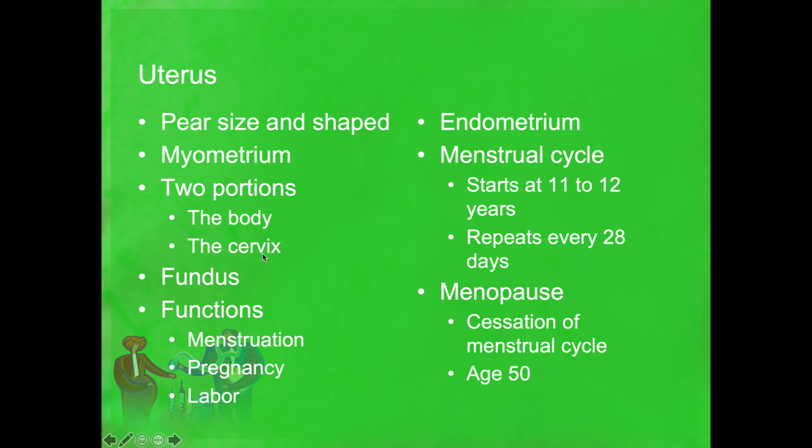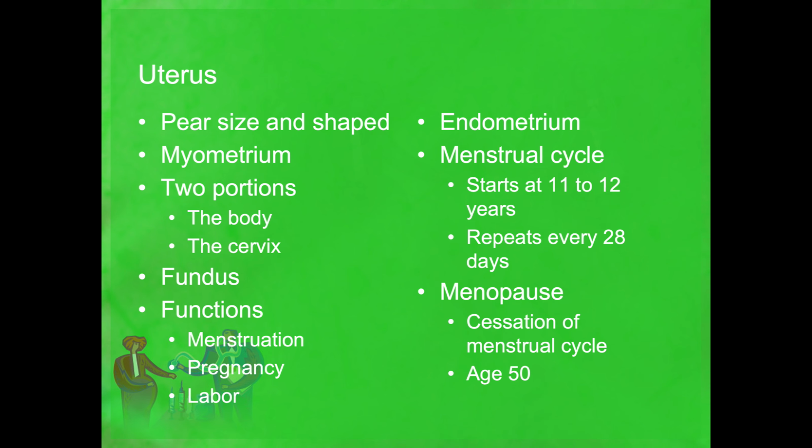The myometrium is the thick, muscly layer within the uterus. It's what pushes the baby out during contractions. The uterus itself has two different portions: the upper portion, which is the body, and the lower portion, which is the cervix.